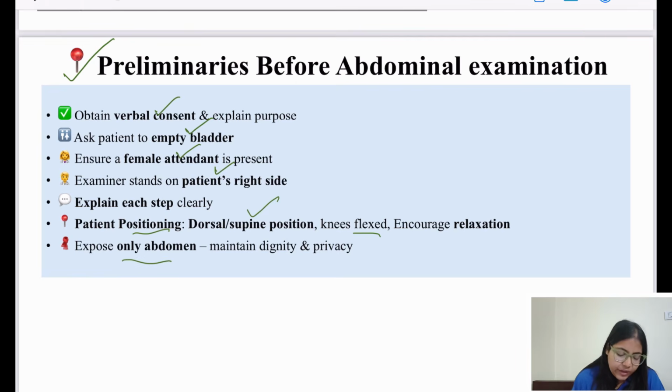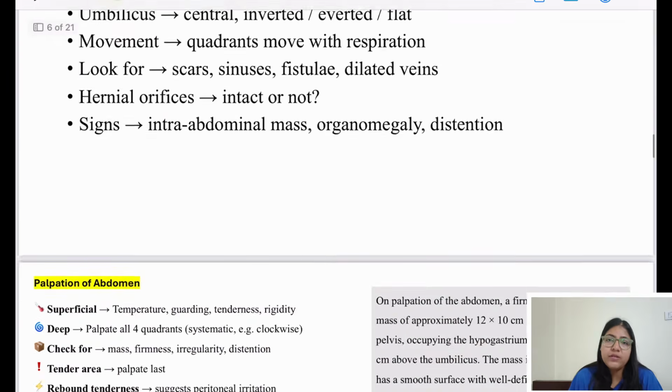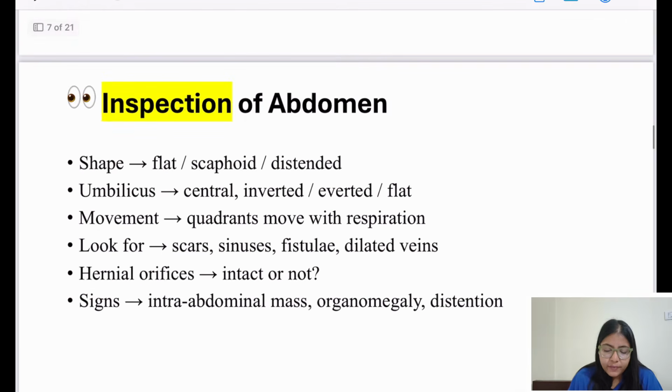Okay, and expose only abdomen, you don't need to expose from nipple to mid thigh, that's not needed. You just expose from xiphisternum to pubic symphysis or more when it is needed. So you maintain the dignity and privacy by examining in a closed room or in presence of the screen guards.